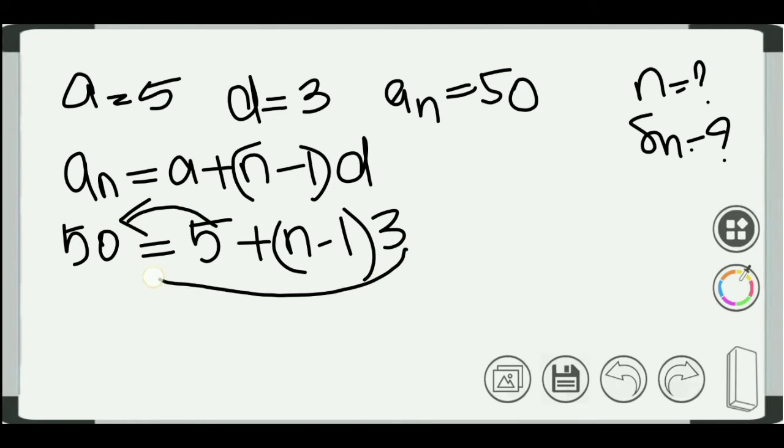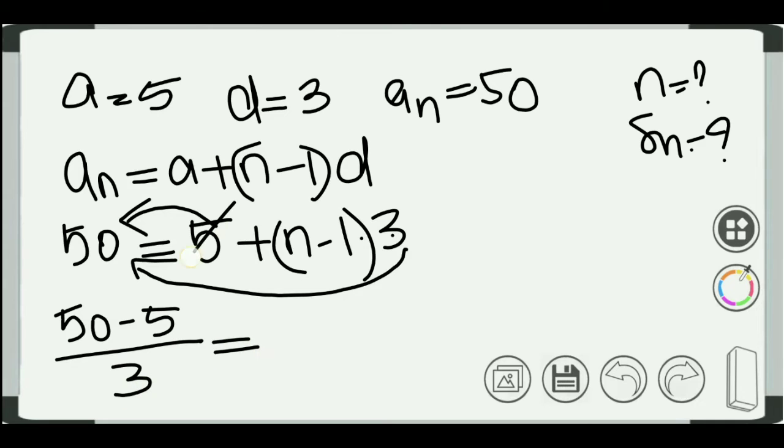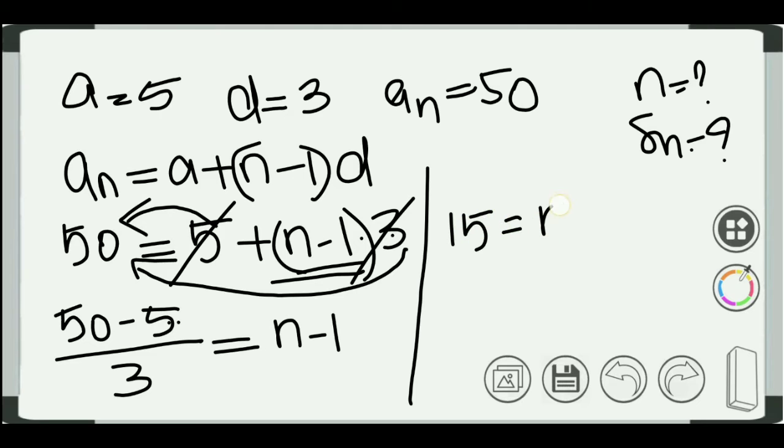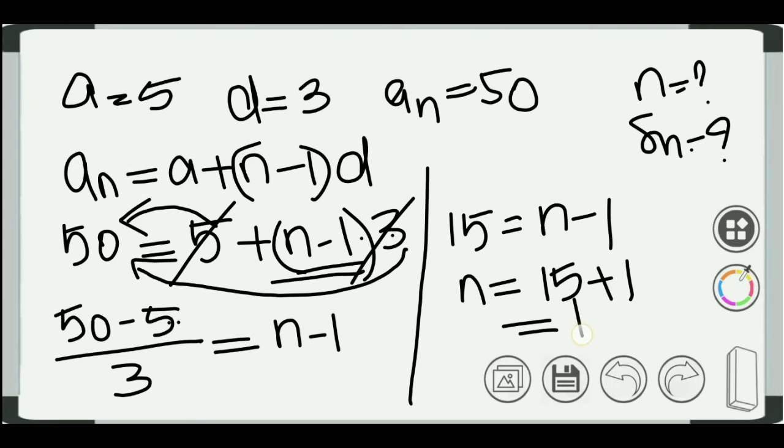Then I am taking 3 this side, that means into 3 will become divided by 3. So 50 minus 5 divided by 3 is what is remaining here, n minus 1. So 50 minus 5 is 45. 45 divided by 3 is 15. So I can write 15 is equal to n minus 1. So n is equal to 15 plus 1 equal to 16. Now we got the value of n as 16.